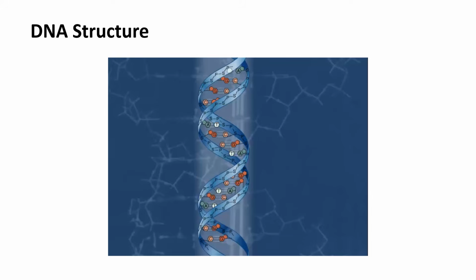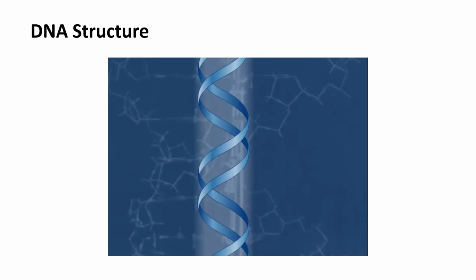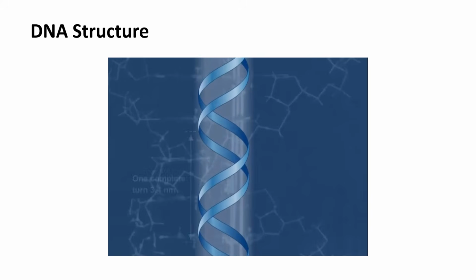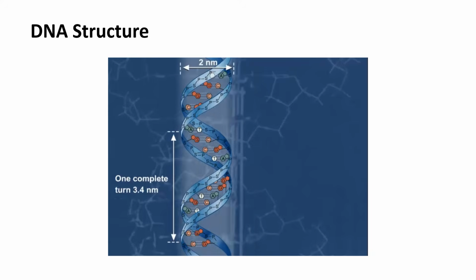Each helix consists of an alternating sugar-phosphate backbone with nitrogen bases projecting toward the interior of each helix. One complete 360-degree turn of the helix covers 10 bases of length and equals 3.4 nanometers in physical distance along the axis of the molecule. The width of the double helix is 2 nanometers.